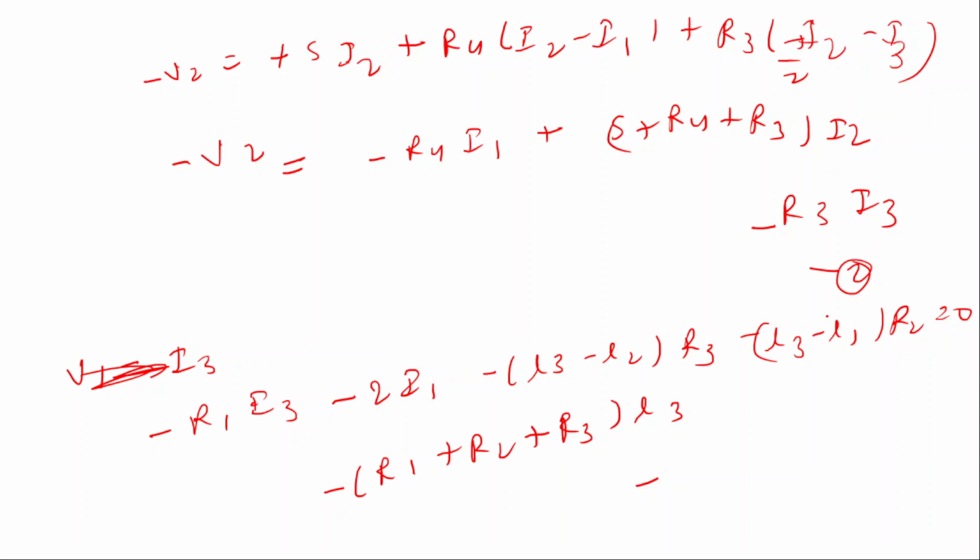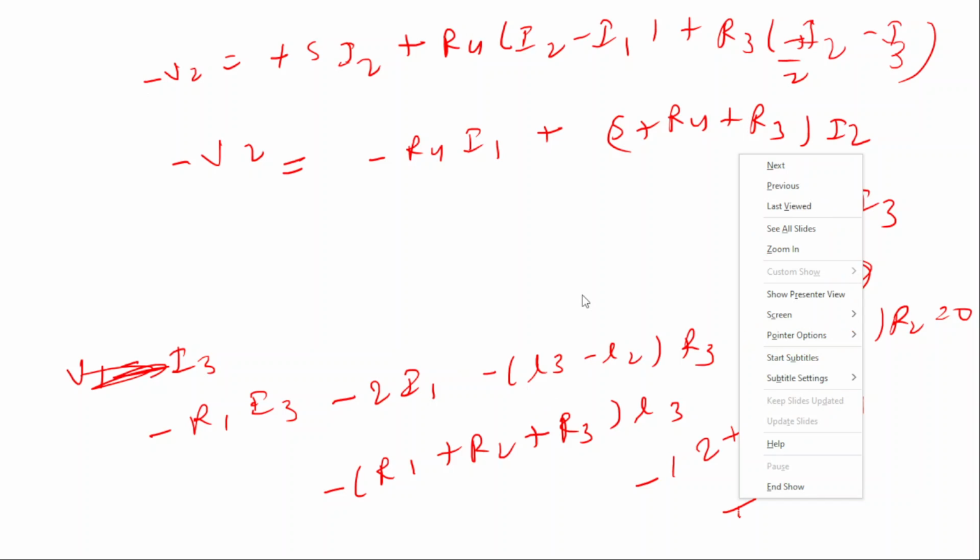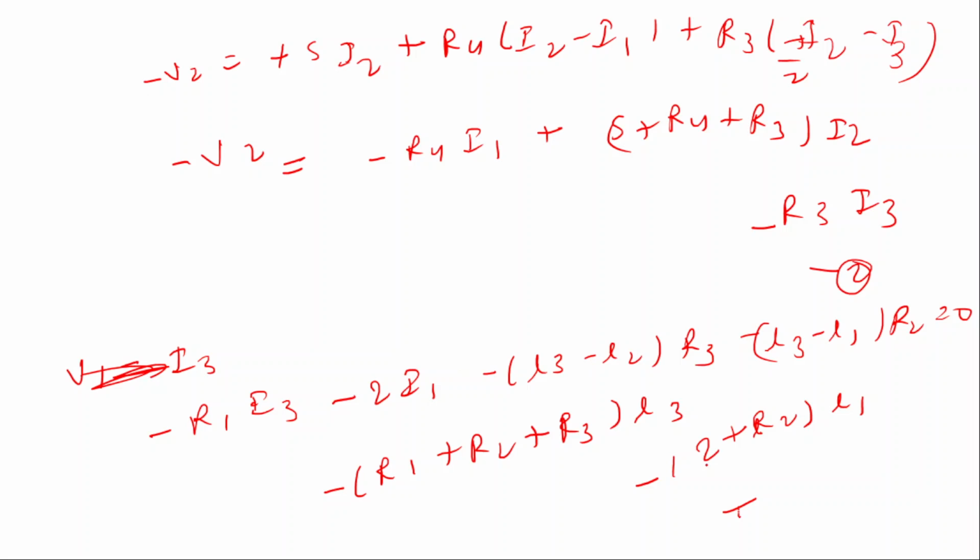This 2 and this term will combine, so minus (2 plus R2) multiplied by I1, plus this, which will be minus I2. Minus minus will become plus, so I2 times R3 equals 0. So this is our third equation.